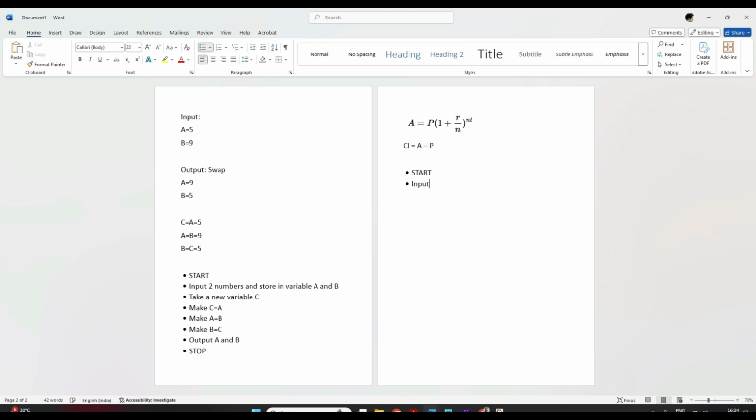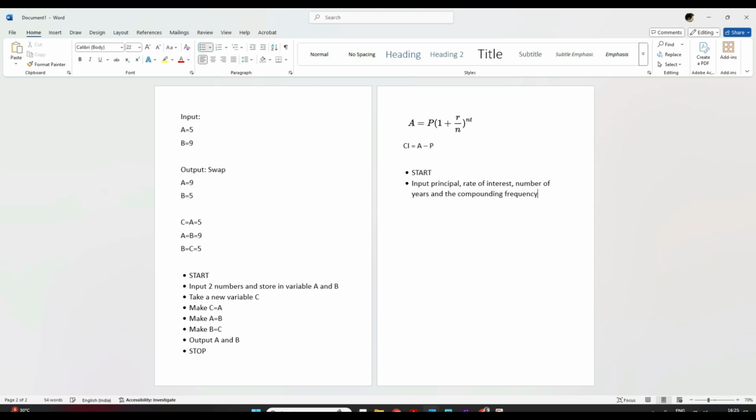So input principal, rate of interest, what else? Then the number of years and the compounding frequency, correct? Okay, and the fourth is the compounding frequency we need. So write, store.